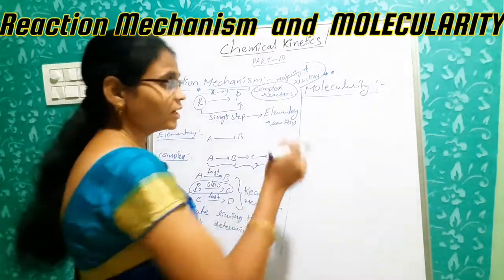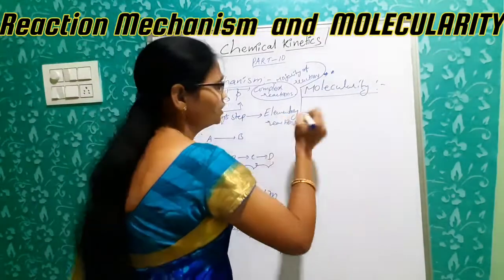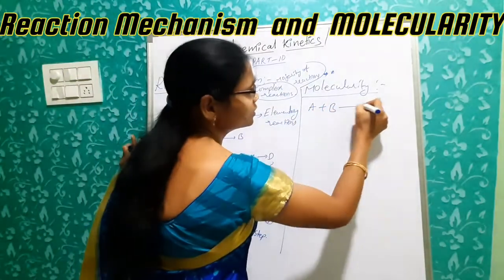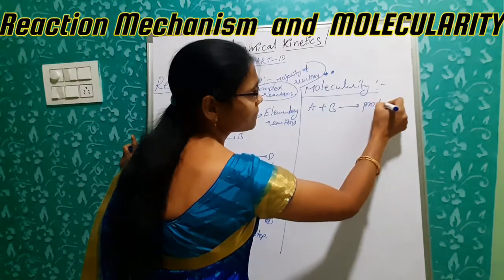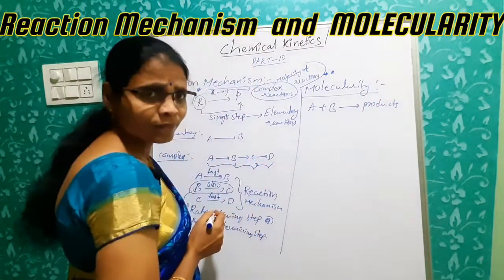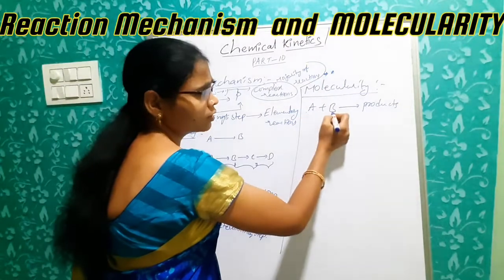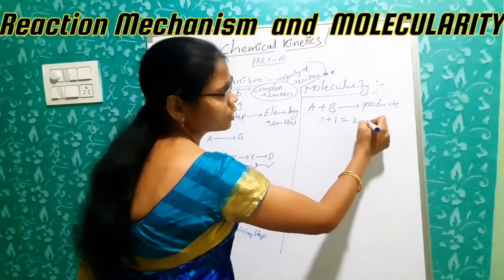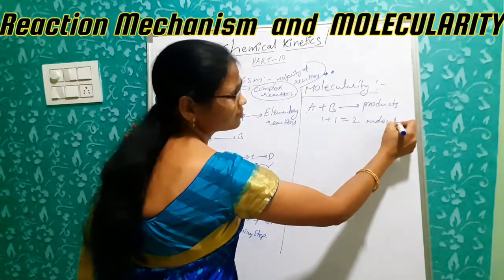Okay. What I am saying here: suppose A plus B gives rise to products. A is one molecule, B is one molecule. So 1 plus 1 is 2, that is the molecularity of that reaction.